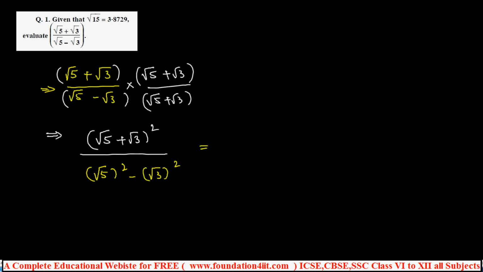Now we will simplify. The numerator is the a plus b whole square formula. So a plus b whole square is a square plus b square plus 2ab.